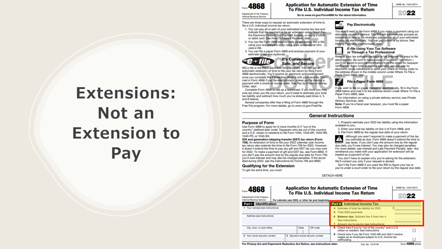It's a very simple form, really. It just asks for their personal information, their identification, and it does ask them to estimate what they think their income is going to be for the year. And this can be really important for business owners or Schedule C filers especially.